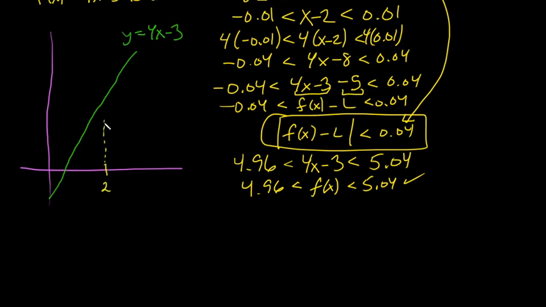And even though this is continuous, so if you plug in 2, you do get exactly 5, the whole idea of a limit is what happens when x is close to 2. So if I chose my epsilon to be 0.04, that means I want my f of x to be no bigger than 5.04 and no smaller than 4.96. That's the epsilon band around the limit, around 5.